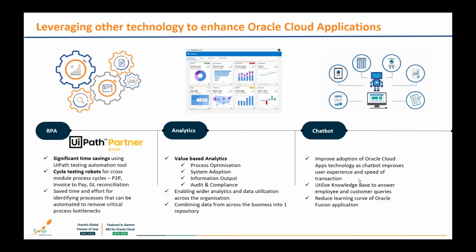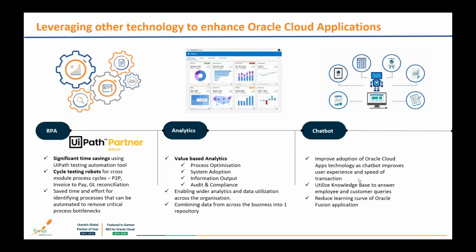From an analytics perspective, we spoke about our value-based analytics that can be overlaid on the existing analytics solutions that you may have in place and provides key information around 4 key areas. These 4 areas are process optimization, system adoption, information output, and audit and compliance.